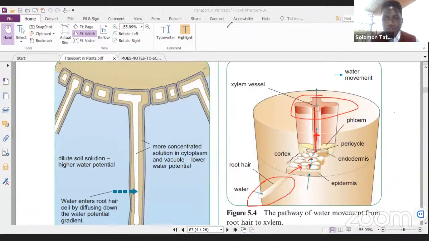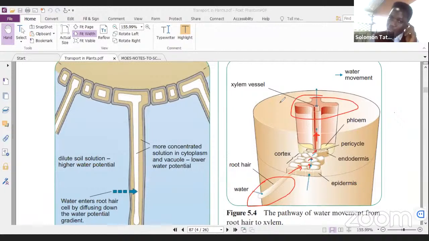Another question, what if the water was moving from one cell wall to another? Which pathway is that? Let's see. Hamza says apoplast, Maria says apoplast, Tony, Daphne, Sam, apoplast. That is 100% correct. That is the apoplast.